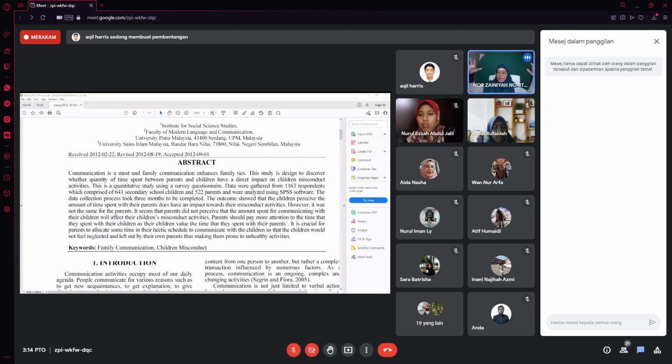So let's say for example this one, the population will be parents with teenage children. Okay, parents with secondary school goers children. That's the population. So we have a huge number, right? Millions, because there's so many out there.